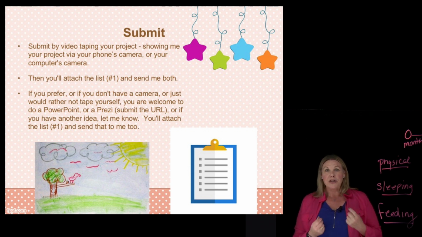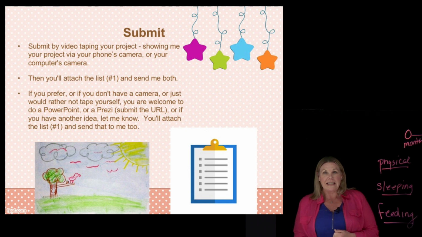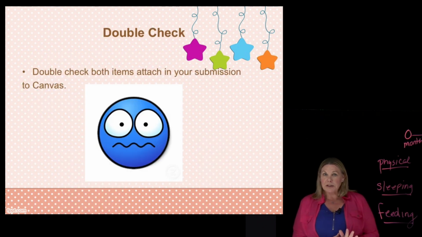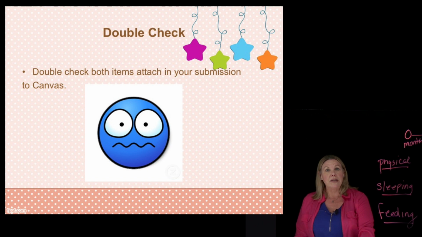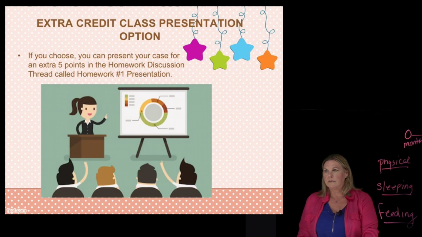So you're going to submit 2 things, a list and the project. Then double check to make sure I didn't just get the list or just the project. You want me to get both. So double check to make sure they're both showing up on Canvas. You can message me too and say, Professor, did you get both? That's fine.